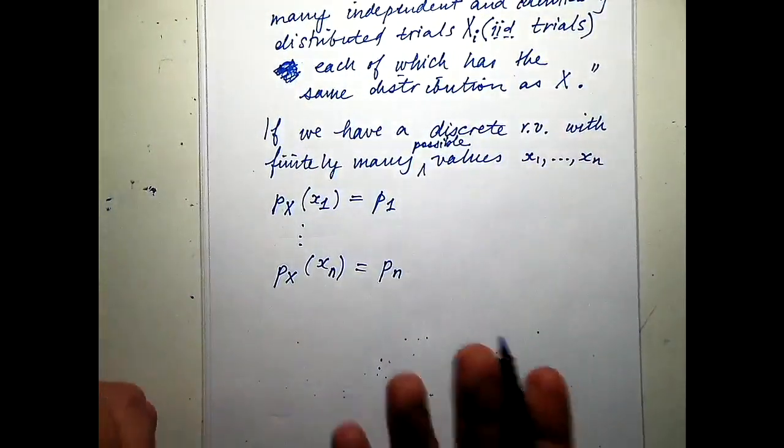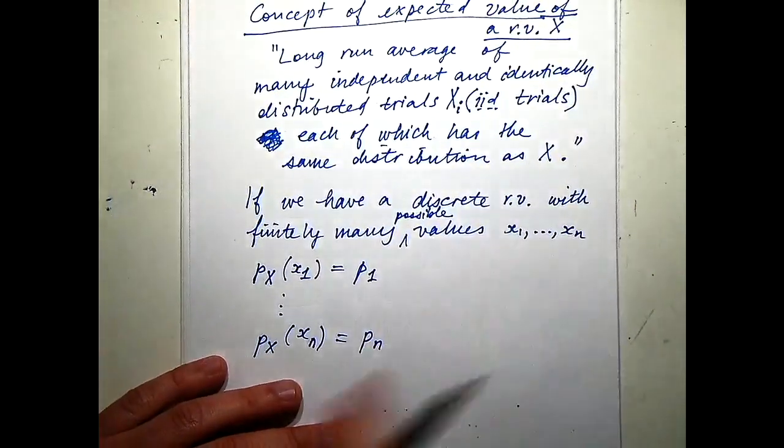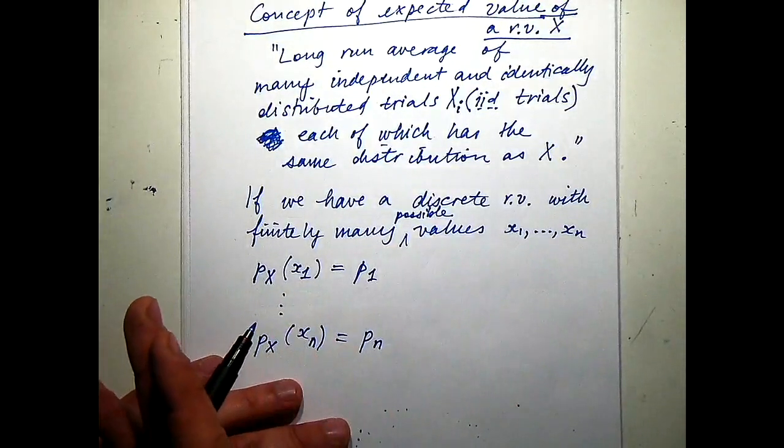Here's the deal. I'm going to use this inverted commas statement that I made to come up with a sensible definition of expected value.